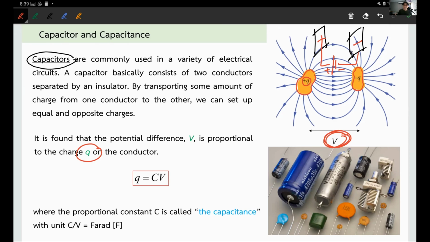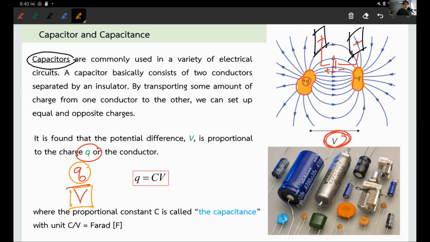The reason that we care about this is because that tells you how easy it is for you to bring the charge and put it on one side, and of course that would be the opposite charge on the other side. So you can think about this, like if you fix the potential V, and you have two capacitors, one has a larger Q than the other, so you say, oh, the one that has a larger Q must have a larger capacity.